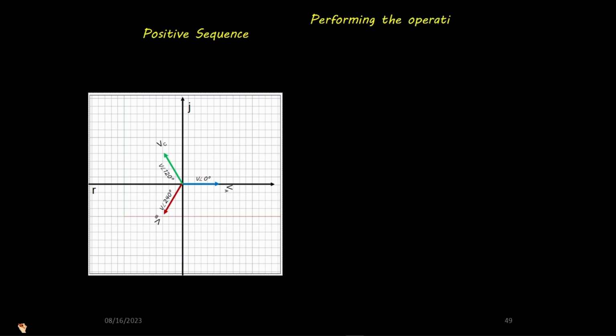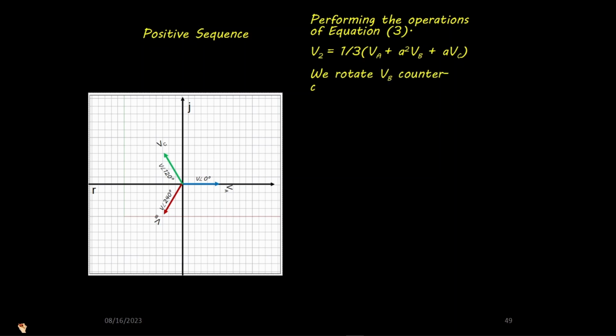Performing the operations of equation 3 on the positive sequence, V2 equals 1/3 (VA plus A squared times VB plus A times VC). We rotate VB counterclockwise 240 degrees: A squared times VB equals V at 120 degrees.